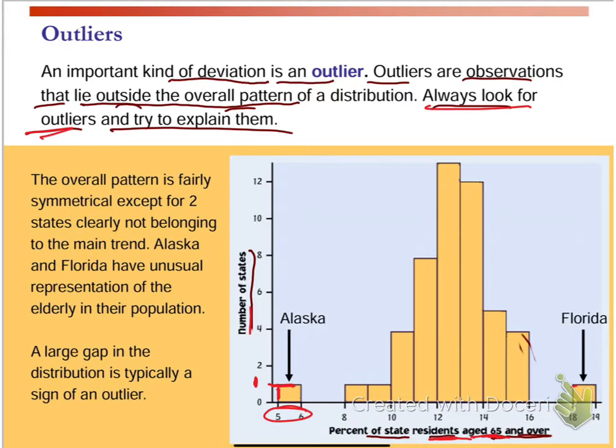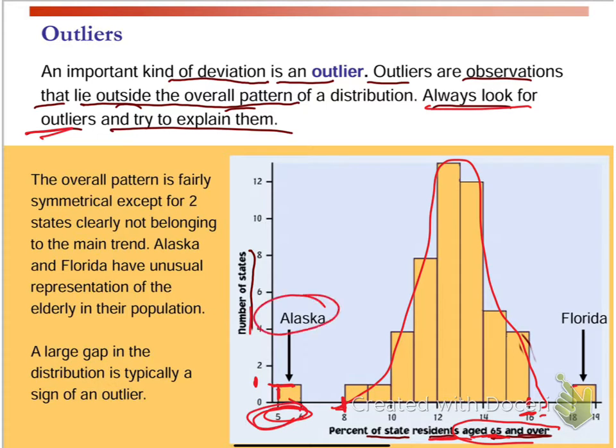It is a very low percentage, because the common pattern starts from 8 up to 16. So in the United States, between 8 to 16% of the people are aged 65 and above, but 5 to 6 applies only to Alaska. So Alaska is unusual compared to the whole population, or the trend or the pattern.